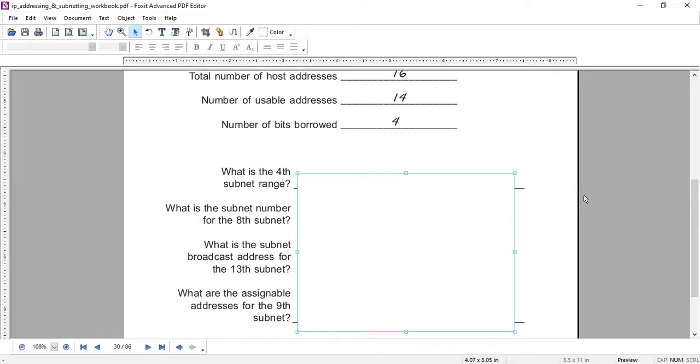Then what are the assignable addresses for the 9th subnet? Assignable means the usable IP range. For the fourth subnet, the normal range includes the broadcast and network address, but for the 9th subnet you have to give the usable addresses.